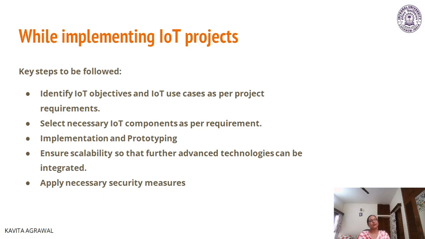So we have to be careful. The prototyping and implementation are very, very important aspects. If there is a small failure in our device, that will be replicated to thousands and thousands of machines. So the prototyping and implementation has to be done carefully.